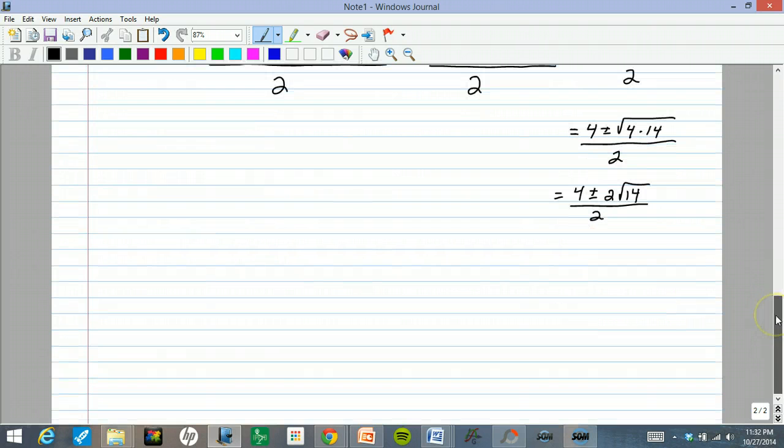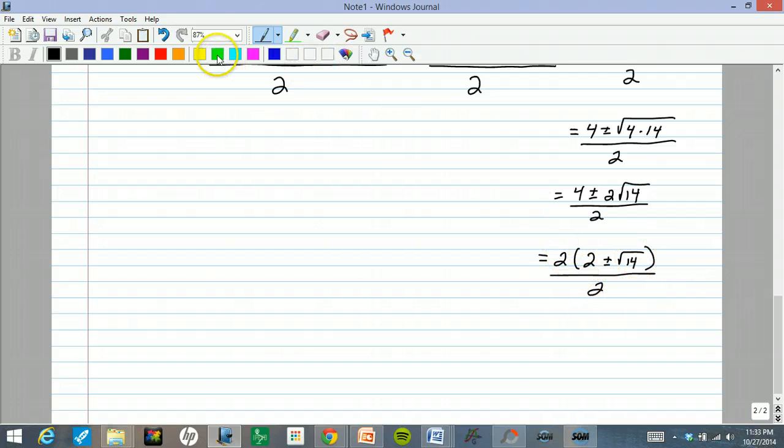And if I simplify my answers, I think in the numerator I have a common factor of 2. Let's make that look like a 4. There we go, 14.